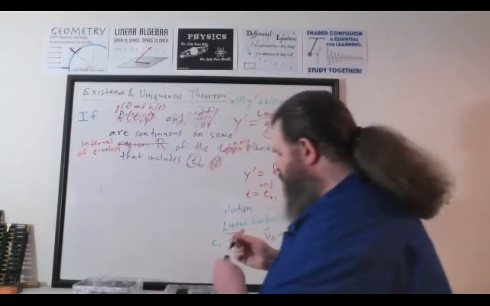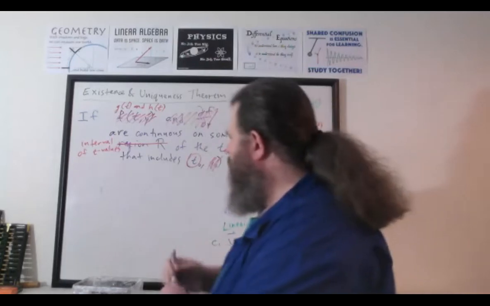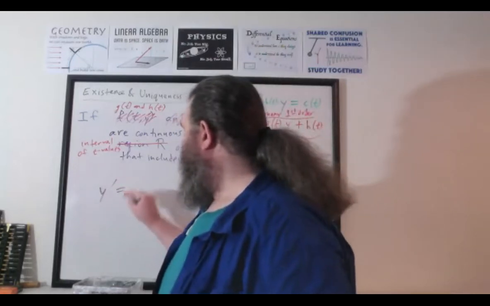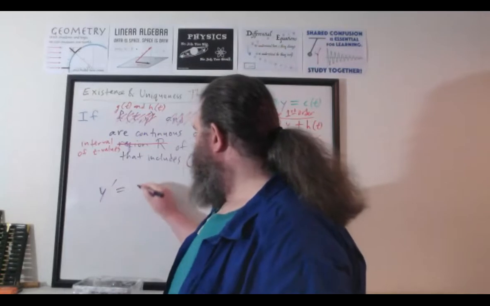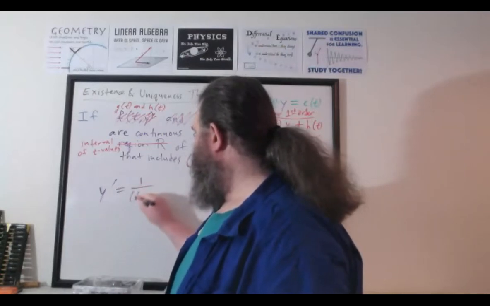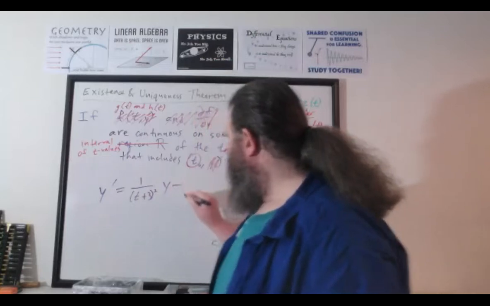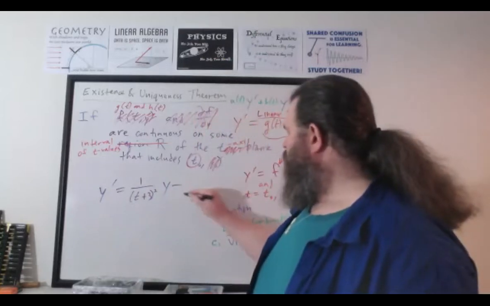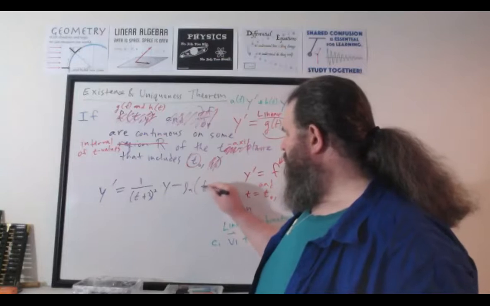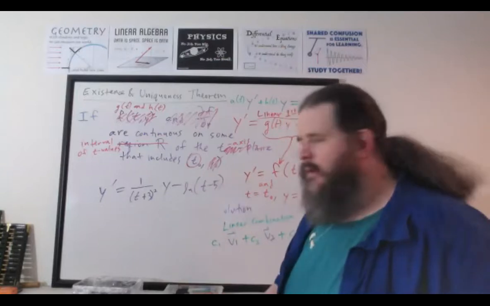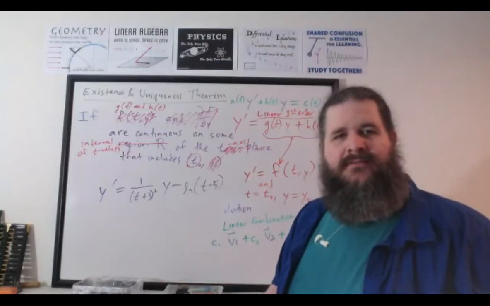if your differential equation is something like, let's say, y prime equals 1 over (t plus 3) squared times y minus logarithm of (t minus 5). Does this have any discontinuities?